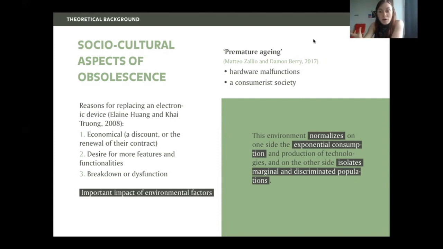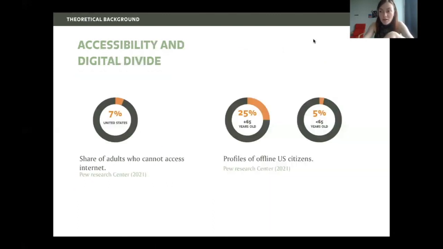And they also talk about the consumer society as the environment here that impacts the aging of products. So what I took from there is that there's an environment that normalizes on one side the exponential consumption and production of technologies. But there's another aspect, which is the isolation of marginalized and discriminated populations. And this is what we're going to talk about right now.